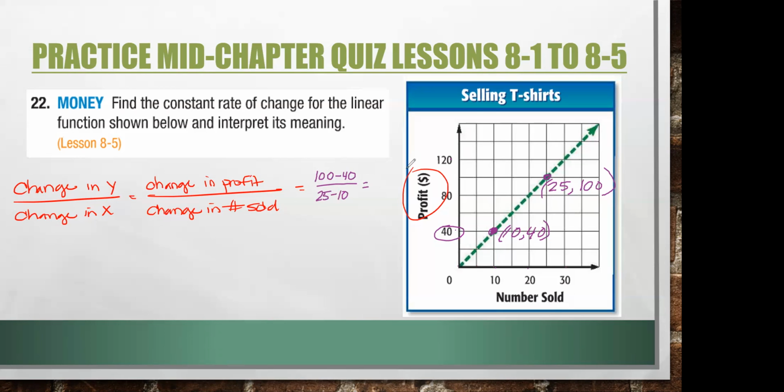So 100 minus 40 is 60, 25 minus 10 is 15, and 60 divided by 15 we can simplify, and it ends up being 4. So it's $4 profit per shirt. The profit is $4 per shirt.